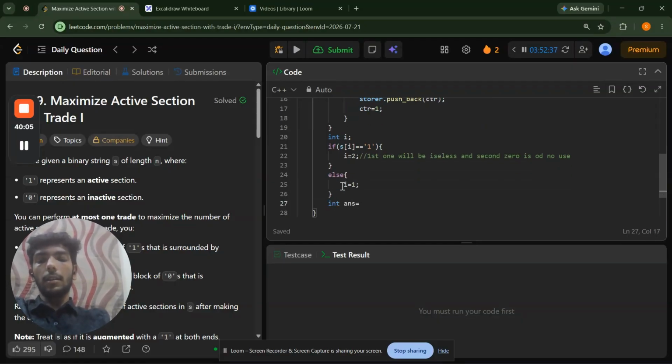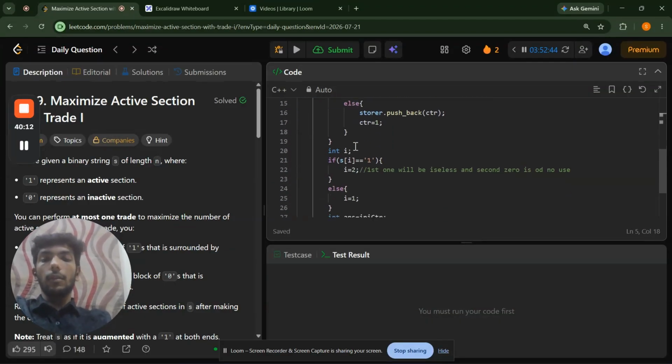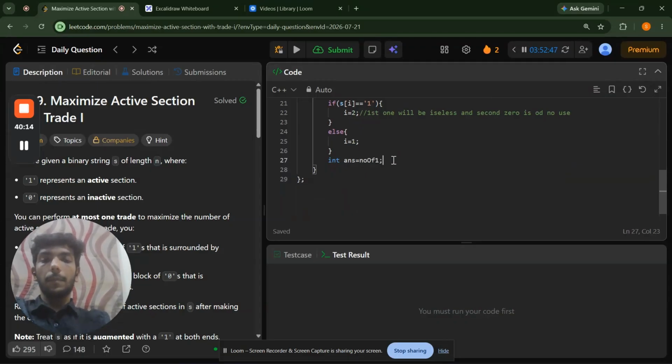Initially our answer will be the same as the count of ones, the number of ones, because if we perform no operations, it will be the same as the original number.